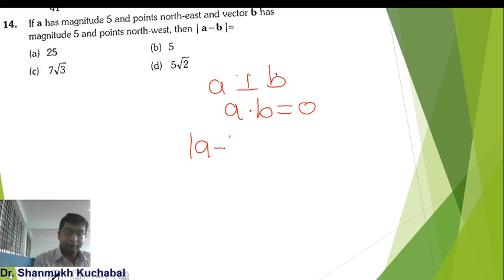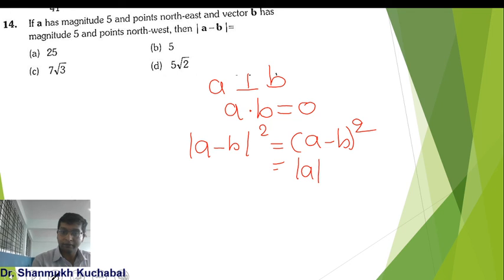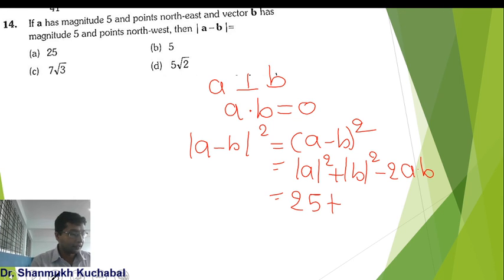Then we can use the property that magnitude of A minus B whole square is A minus B whole square, so we can expand it: A square plus B square minus 2A dot B. A is 5, so 25; B is 5, so 25; and the dot product is 0.